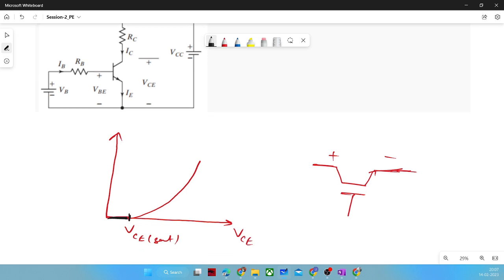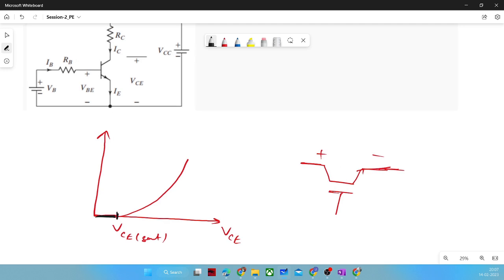Similarly, a thyristor has positive blocking capability as well as negative blocking capability. Maybe in the next session we can discuss more on the polarity of blocking and how it differs from device to device. For the BJT, it is blocking this much, that's why it is called unipolar voltage blocking.